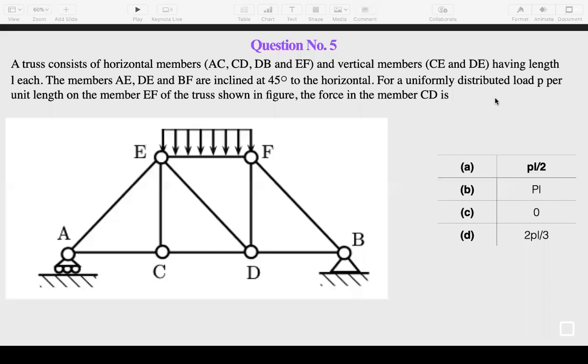You might remember that in all the problems we have solved in engineering mechanics, we applied the load on a joint. But this problem is exceptional. They have not applied the load on a joint. They have applied a load at the center of the member. And this load is also not a point load. This load is a uniformly distributed load.